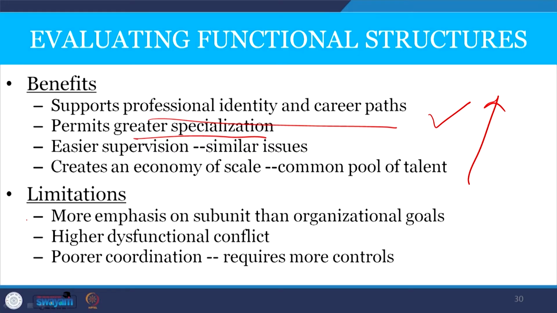There is a chance of a higher degree of interpersonal issues or conflict arising, like poor communication, ego issues, personality clashes. Such issues may lead to dysfunctional conflict which will disrupt the performance of the organization.